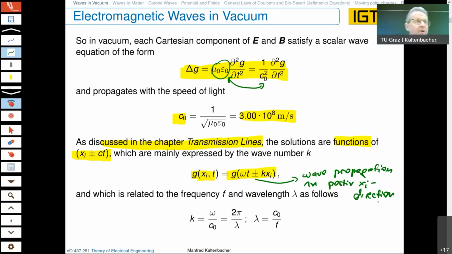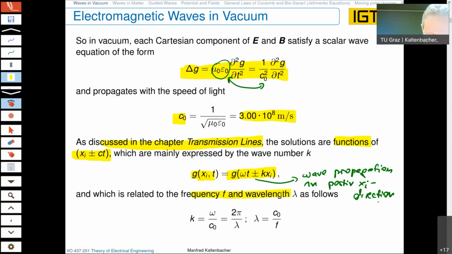And the plus just in negative direction. That we discussed there on the transmission line, where we just had one space coordinate, when you remember, the space coordinate along the conductor. And we clearly have the same relations also here.